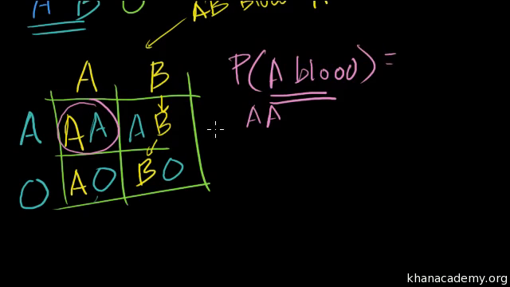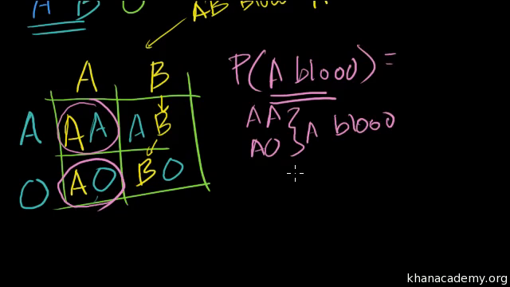But you also have an A blood type phenotype if you have an A and then an O. O is recessive, so AO is also going to be an A blood type. So there's a 50% chance, because 2 of the 4 combinations show us an A blood type.